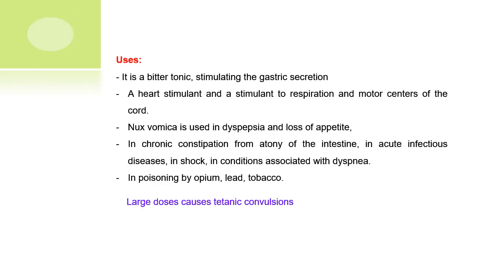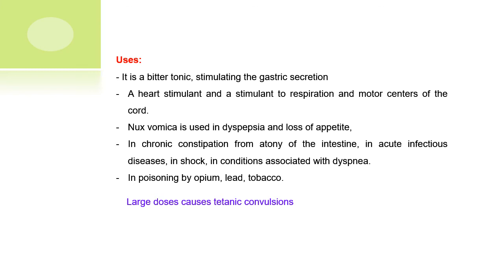Nux vomica is used in very small doses as a bitter tonic and appetite stimulant, stimulating gastric secretion. Due to the presence of the indole alkaloids strychnine and brucine, Nux vomica has a stimulant effect on the heart and respiratory center, as well as on the spinal cord.